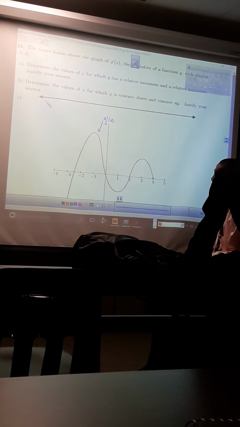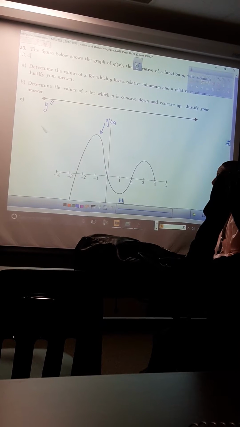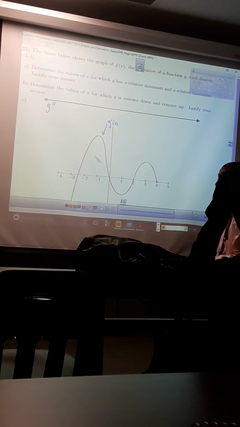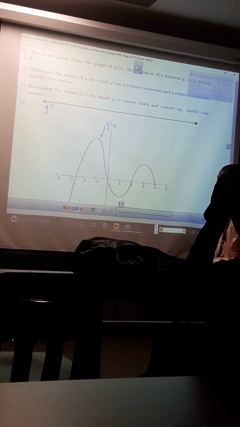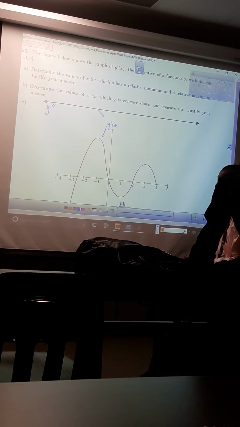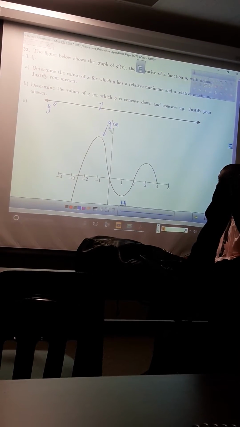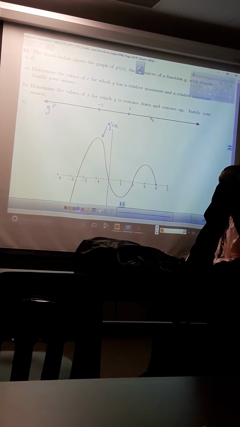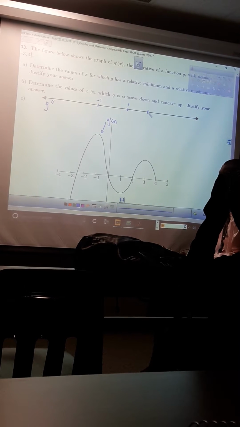This is the graph of G double prime, all right? The points in question are at wherever G prime is turning. So we're talking about at -1, at 1, and where does G prime turn?